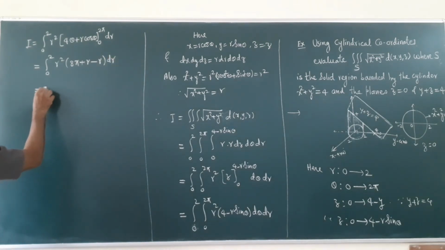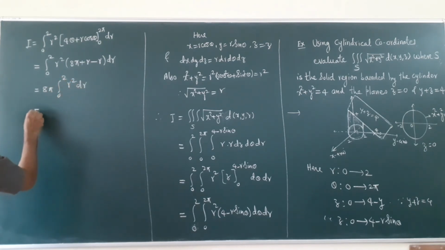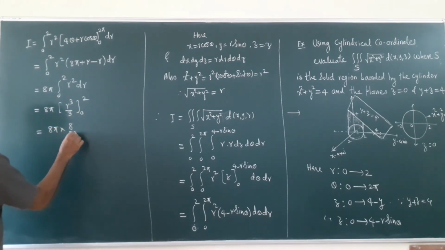So that is 8 pi times the integral 0 to 2 of r square dr. So this is 8 pi times r cube by 3 over 0 to 2. 2 cube is 8, so 8 by 3, and 8 pi into 8 by 3 is 64 pi by 3.